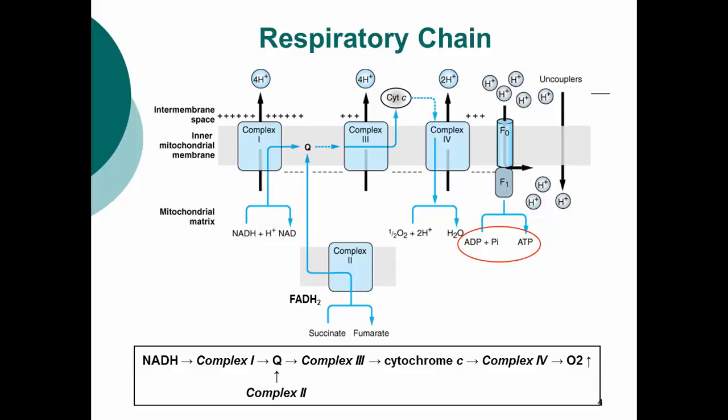So these 3 complexes are able to release energy for ATP production. Each complex will release energy enough for making 1 ATP, right? So that's the reason NADH usually generates 3 ATPs, right?